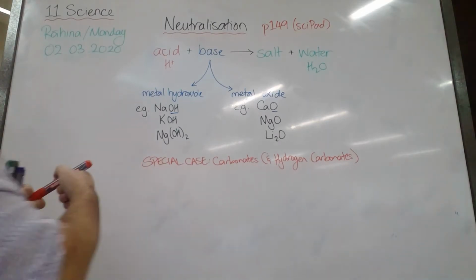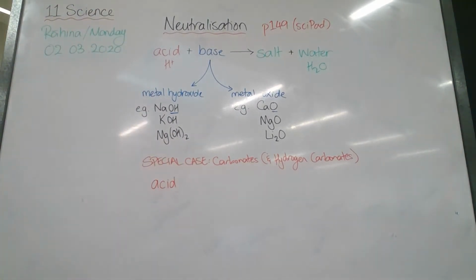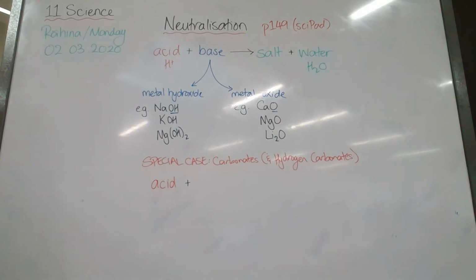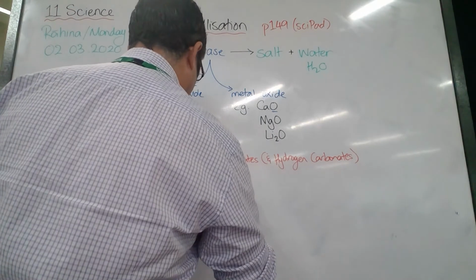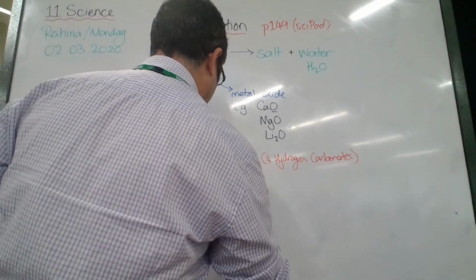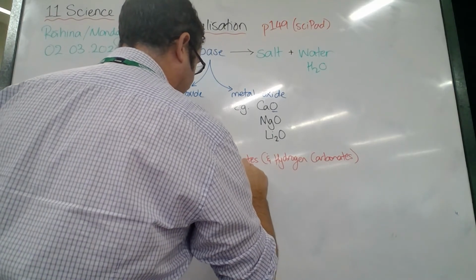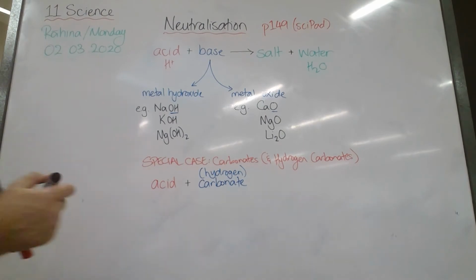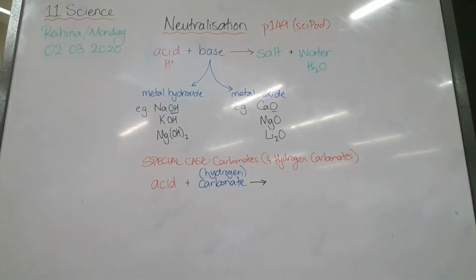So if I've got an acid, again I'm going to use my color red because they turn litmus and universal indicator red, and I add a carbonate, which is a special type of base, and it can be a hydrogen carbonate, so I'll put that in brackets above it. So carbonate or hydrogen carbonate. We still get the same product, but we get one more. So we still get a salt and water.